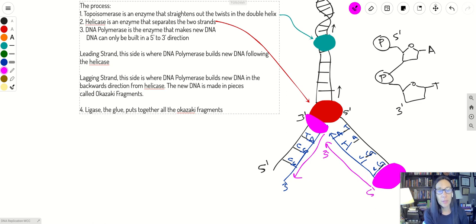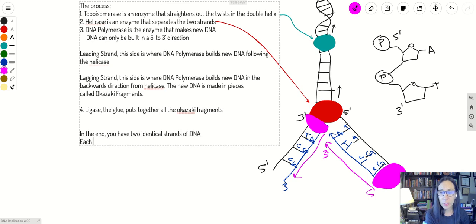Okay, and so in the end, you have two identical strands of DNA, each with an old side and a new side. Okay, so each one is half old, half new.